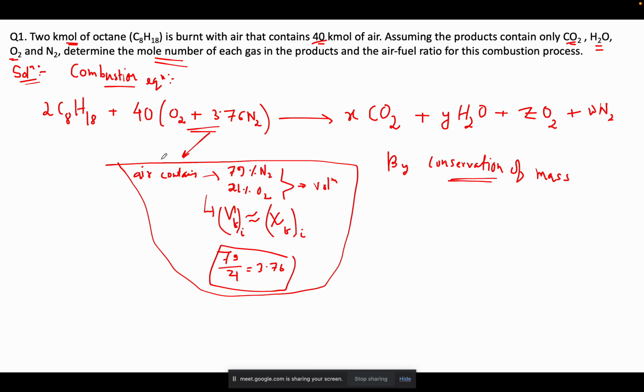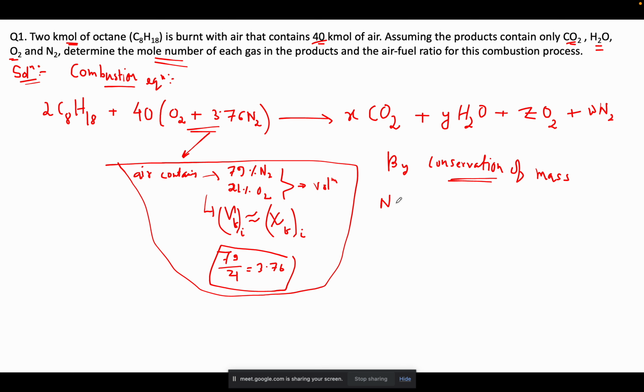So whatever number of moles of carbon is present on the left hand side should be equal to the number of moles of carbon on the right hand side. Whatever number of hydrogen atoms are present on the left hand side should be equal to the number on the right hand side. Whatever number of oxygen atoms are present on the left hand side should be equal to the number of oxygen atoms on the right hand side.